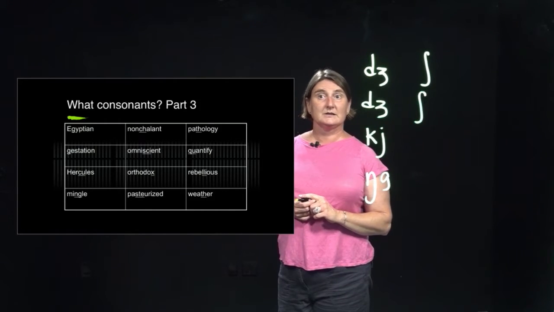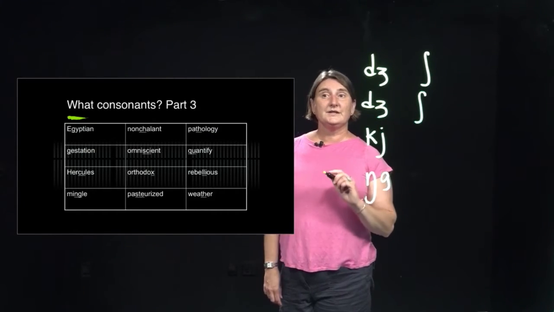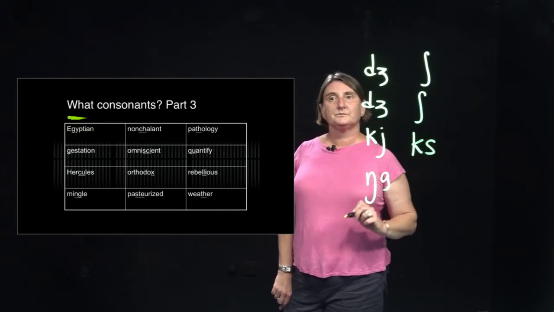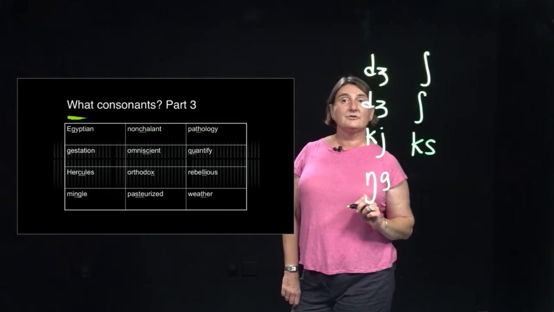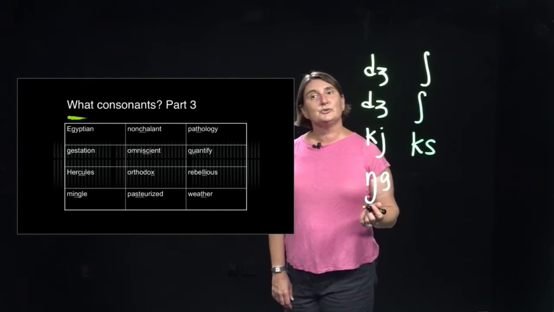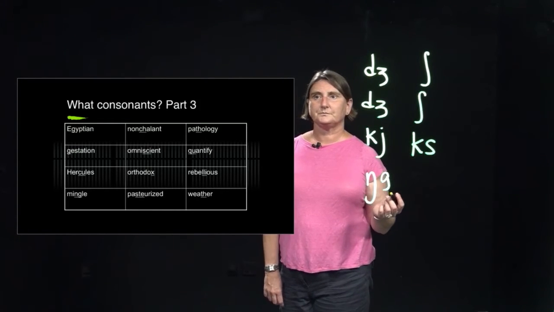Orthodox. Is it one sound? No, it's actually two sounds. So in this instance, the X represents KS. So often when X is at the end of a word, like in fix, it gives you two sounds that we need to represent with two symbols.